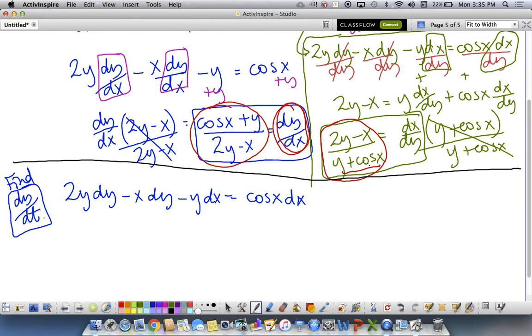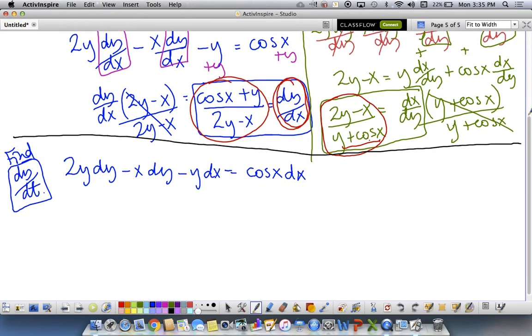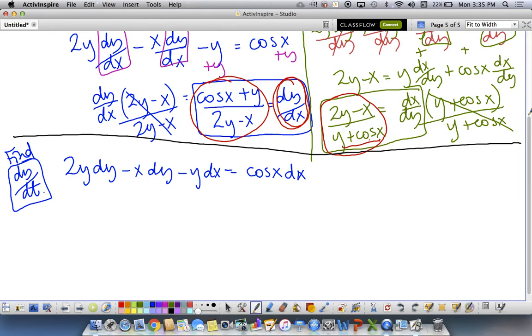Okay, this is what we're looking for. So now how does that work? We have no t's in there. Second step is still always okay. We're simply going to divide by what? dt. We're going to divide by whatever is in the denominator of what we're looking for.